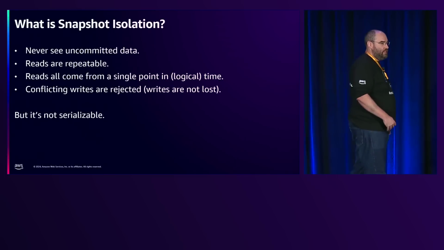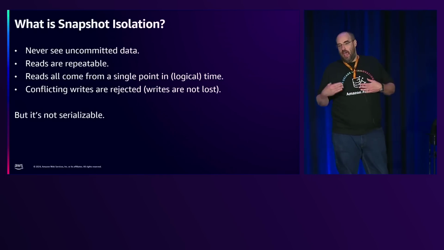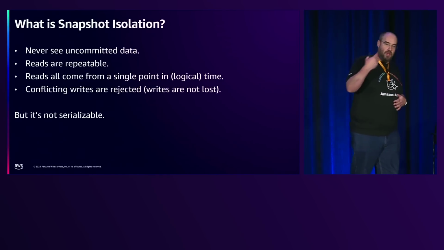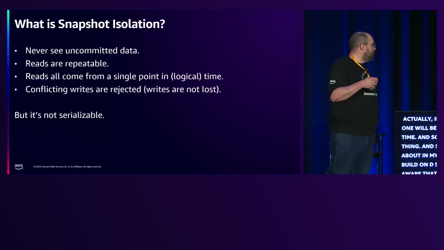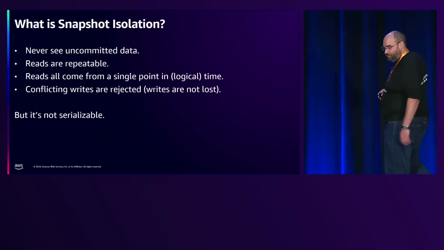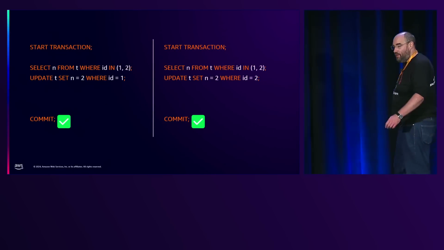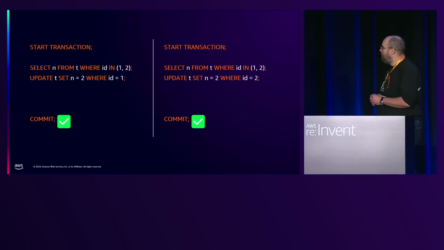As you build on DSQL, you need to be aware that commits can fail because of conflicting transactions, and sometimes you need to retry them. Snapshot isolation is not serializable. I'll get into why we still picked it and think it's the right choice, despite that, in a second.